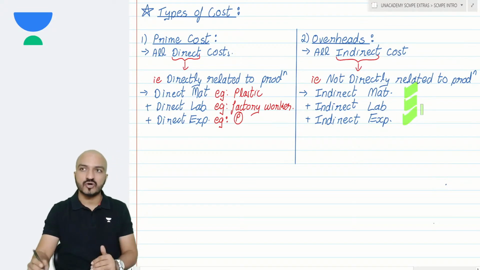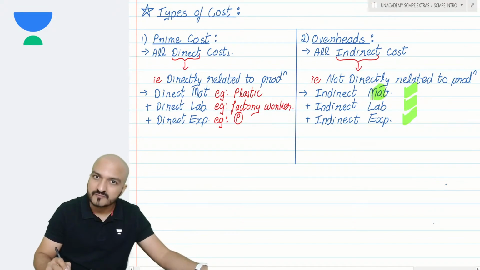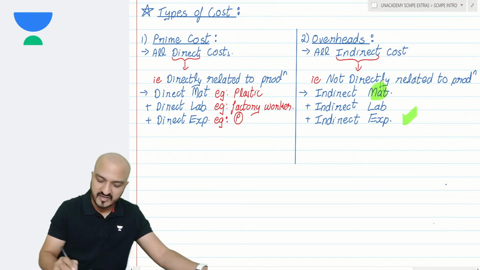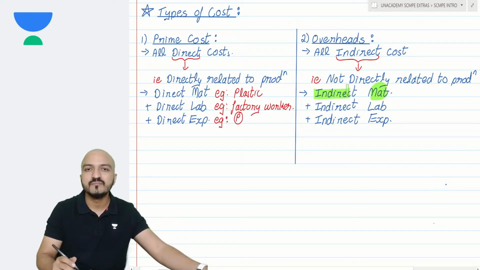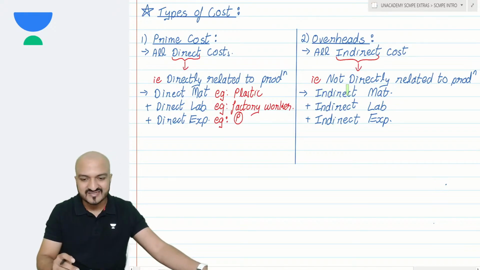Examples for indirect cost. Indirect material. See, it has to be material, but it has to be indirect. Can you think of an example? A material which is not directly used on the product, but it is used in the company.